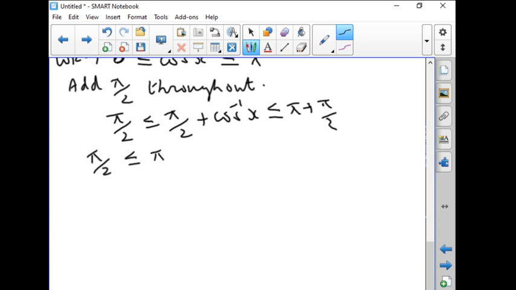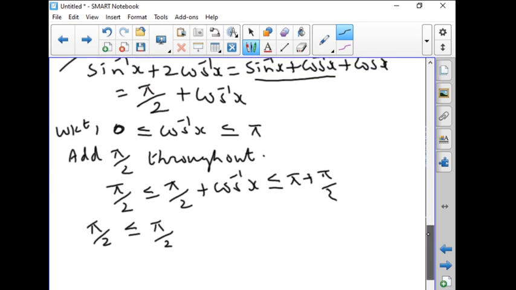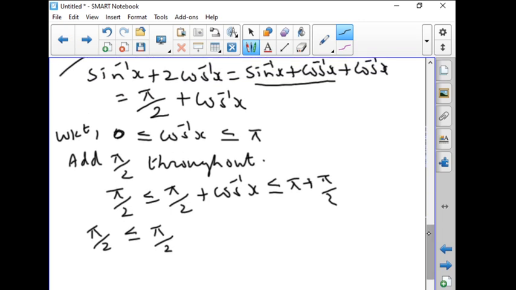So what we have got, sine inverse of x plus 2 cos inverse of x is pi by 2 plus cos inverse of x.